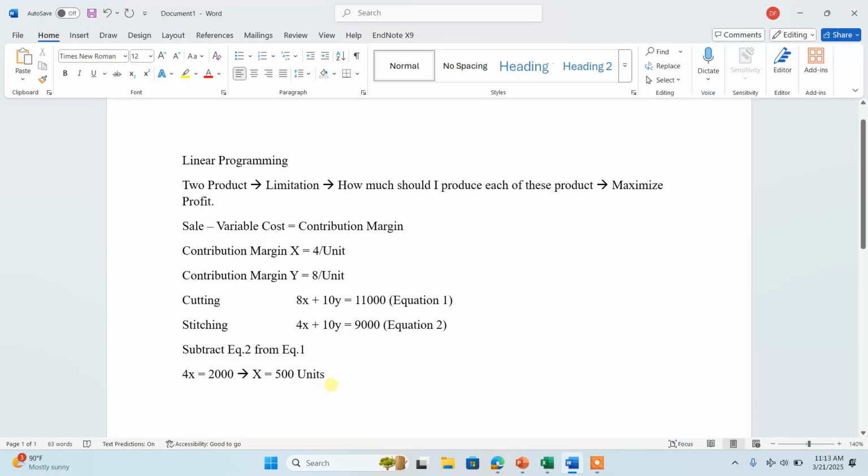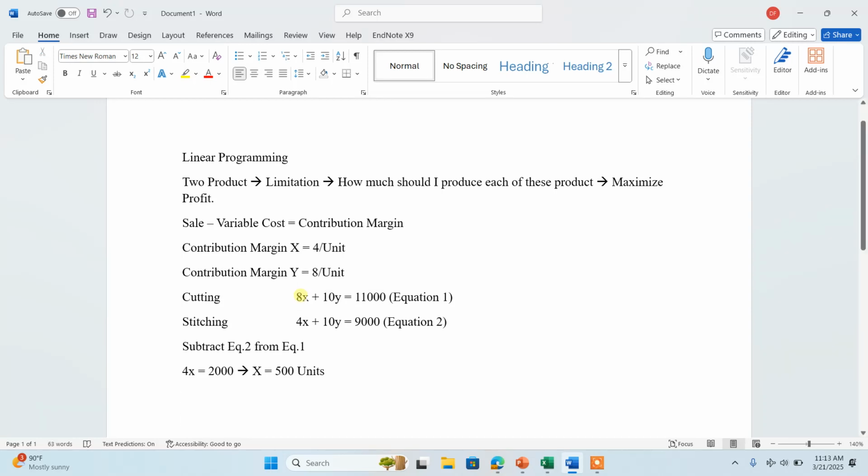Now let's find out the y. We already have the value of x. You can put the value into any of these equations. Let's suppose I put this into equation 1 to find y. Now I have the value of x, which is 500, y is not known to me, and the total is 11,000.